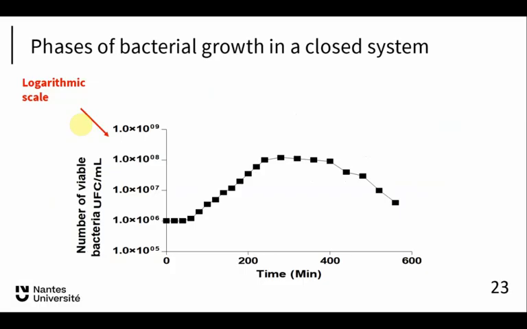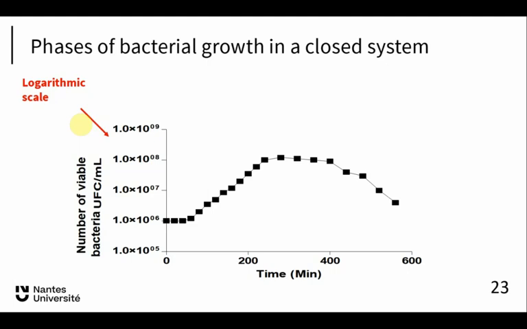Okay, so that's how you can measure how many total bacteria and how many live bacteria you have per ml in a liquid culture. And once you can measure how many bacteria you have and count them, then you can look at the characteristics of their growth in a closed system.